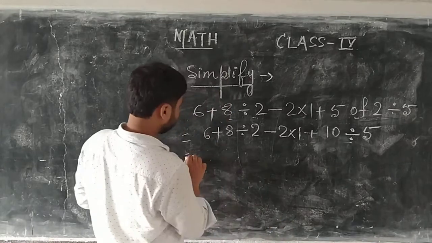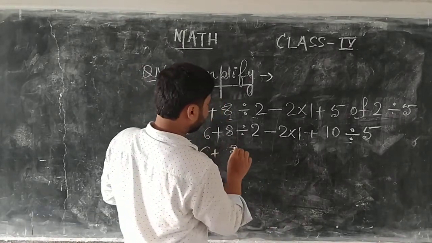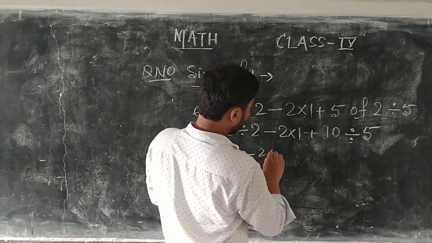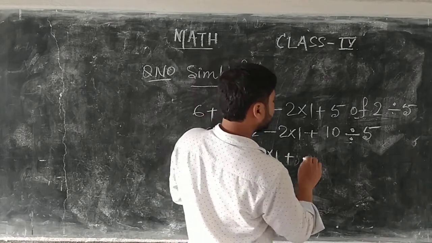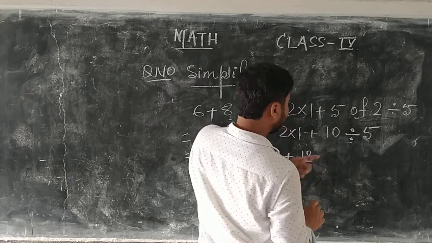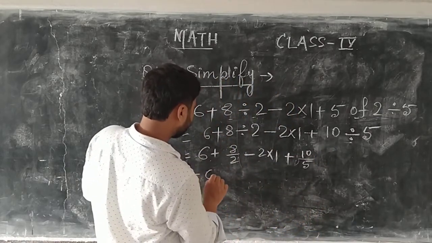We can write this as 8 by 2, minus 2, 1 plus 10 by 5. Now we will divide.